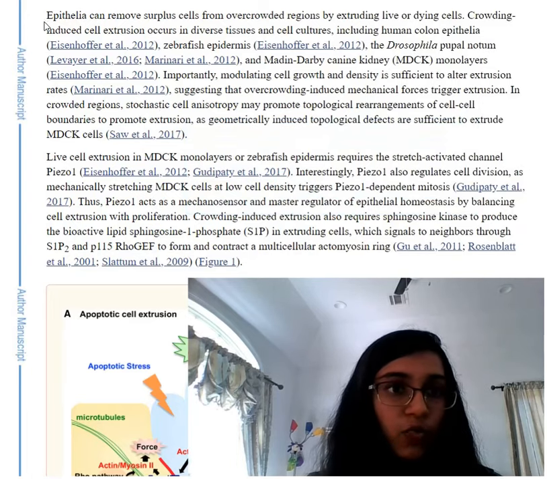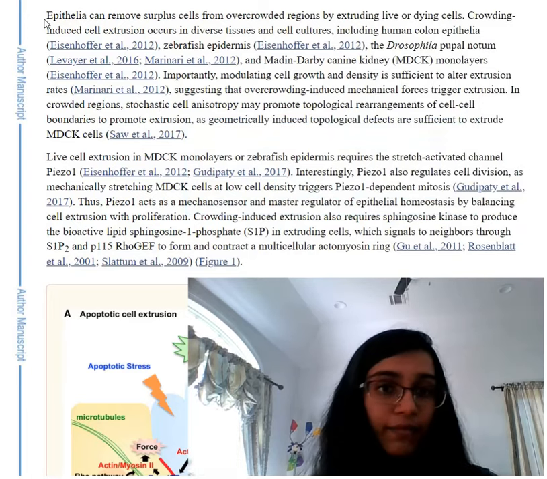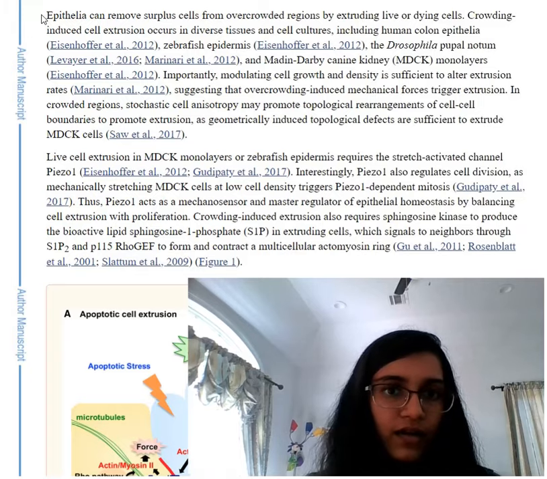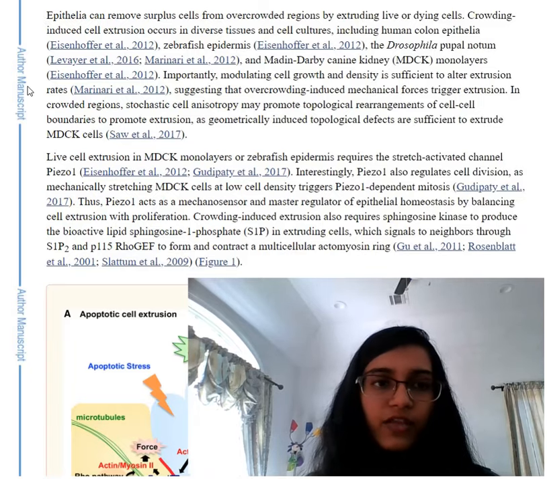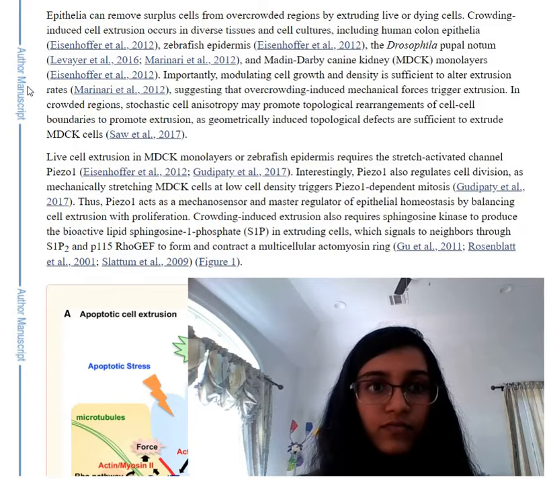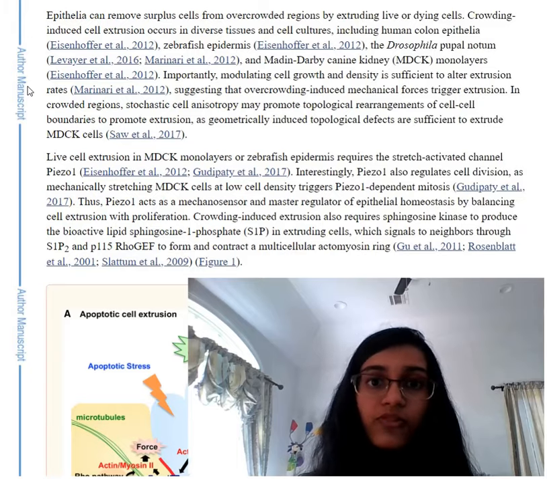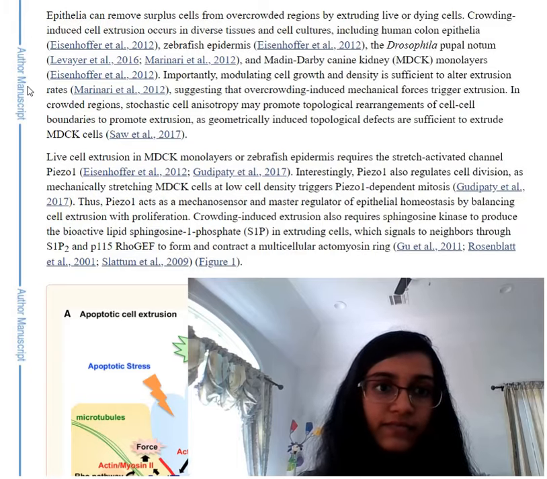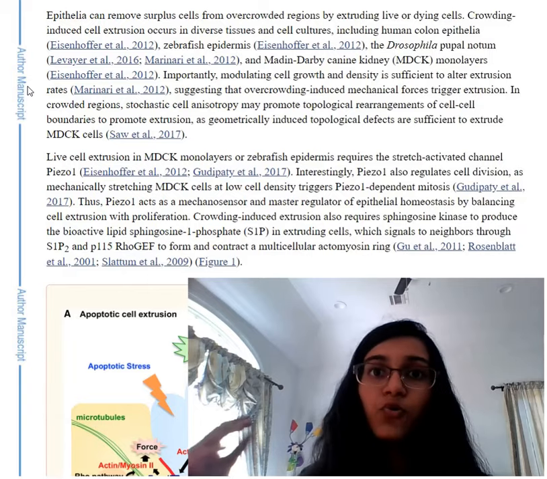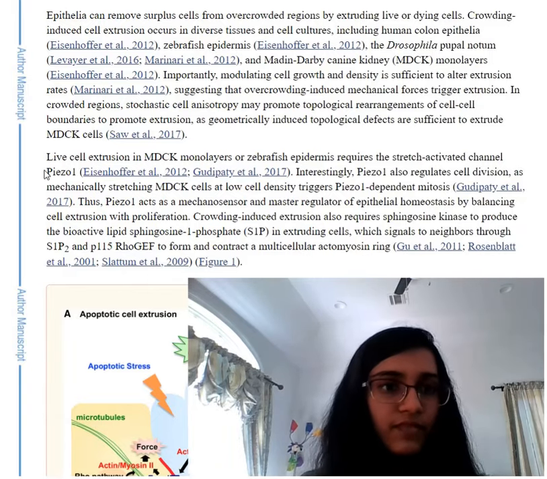Okay, so we got through this first paragraph, and that makes sense now. Essentially, in this paragraph, they were just talking about the fact that cell extrusion plays a role in modulating cell growth and density, and they were giving the reasons for why and how this happens.